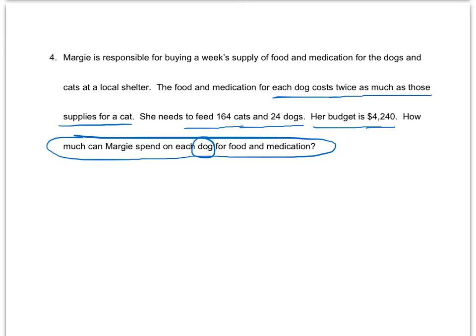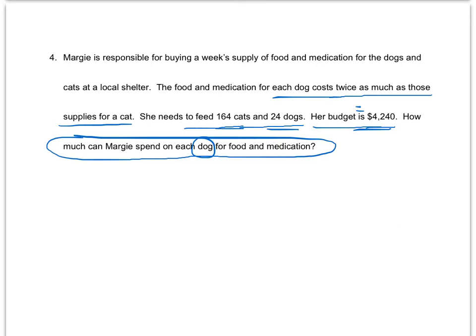Okay. This problem gets kind of tricky because students really struggle with writing two equations. Okay. So if we look at it, okay, so some numbers that stick out to us right away are the 164 cats and 24 dogs, and her budget is, we know that is means equal, 4,240.